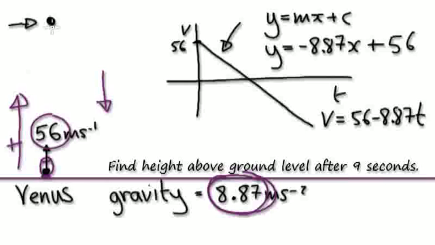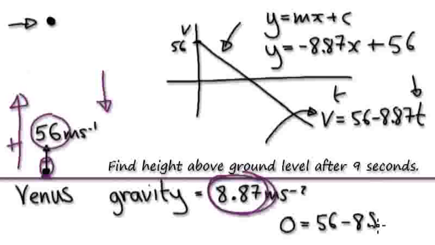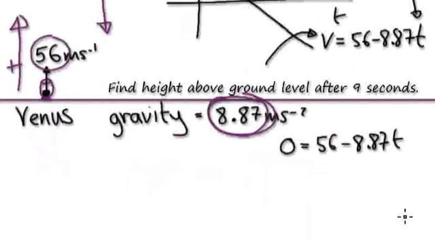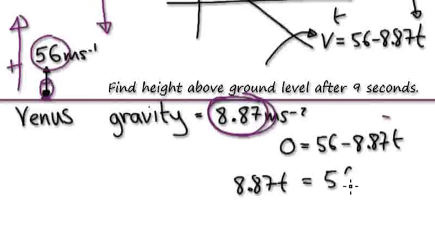So what will be the time when the velocity is 0? Well, put 0 into this v here, and then work out t. So 0 equals 56 minus 8.87 t. Now add this thing here to both sides, so this will be 8.87 t equals 56.